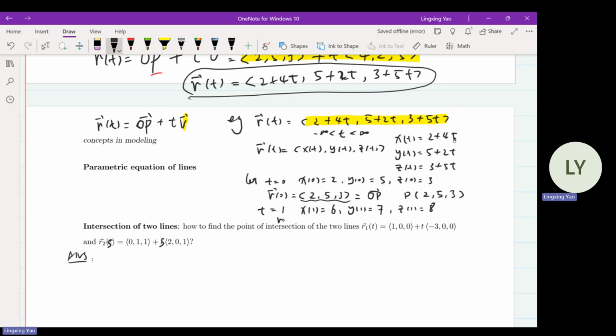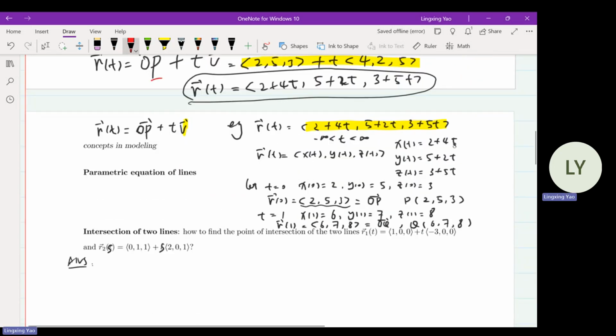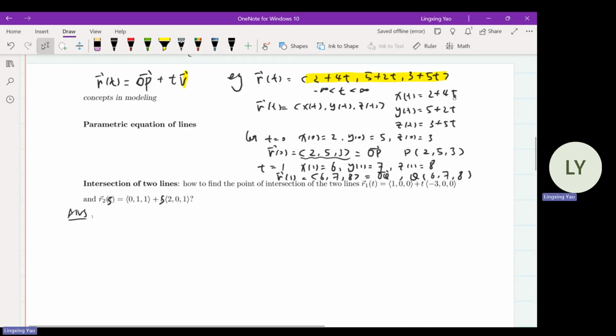So obviously this r of 1 is 6, 7, 8, and this is the vector OQ, and the point Q has the coordinate 6, 7, 8, which is given in the question box. Okay, so that is the discussion of how we understand this mathematical formulation for the parametric equation of a line in the so-called vector form.